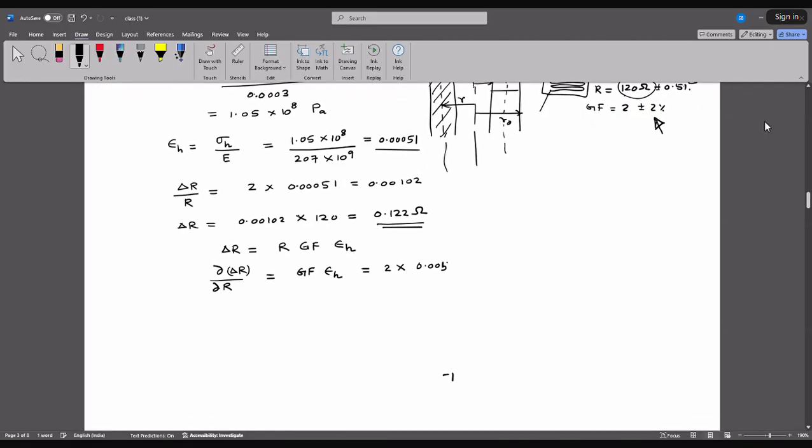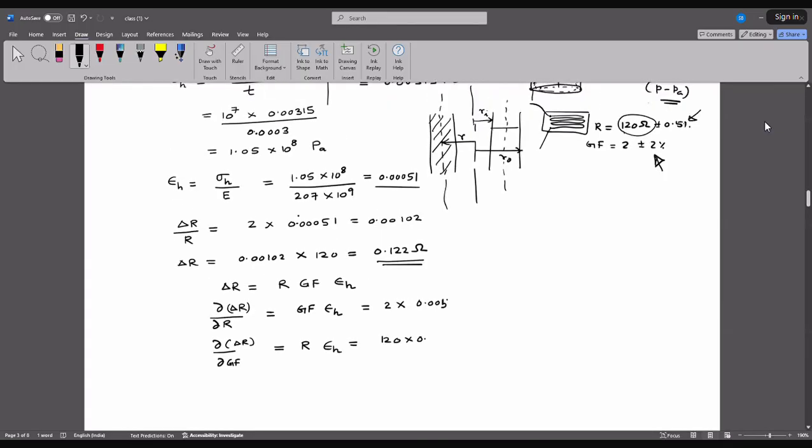Then delta R over delta gauge factor is going to be R into epsilon h, that is 120 into the hoop strain, 0.00051.